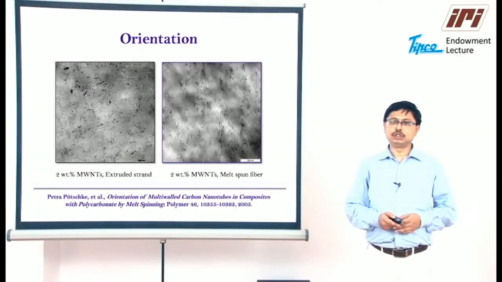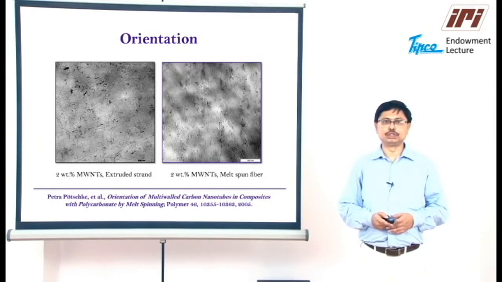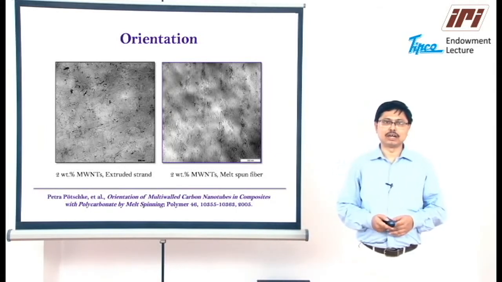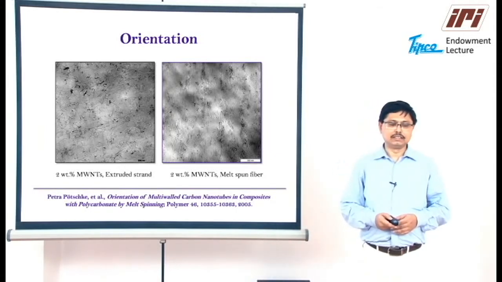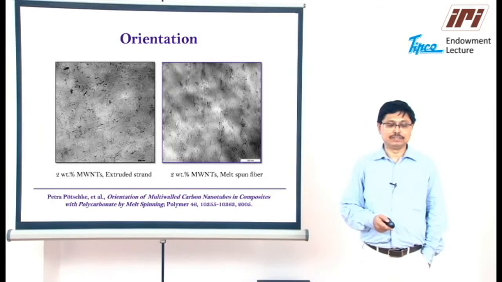Subsequently, it has also been observed that in the composite material with 2 or 8%, the extruded strand showed a random network-like structure formation, whereas in the melt spun fiber, the nanotubes are oriented in the fiber direction.